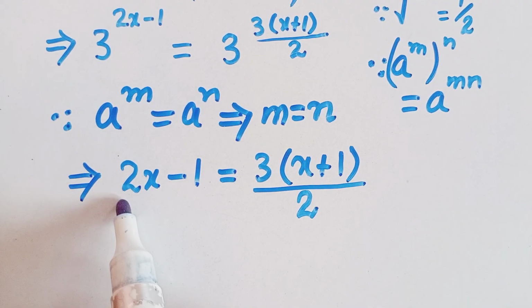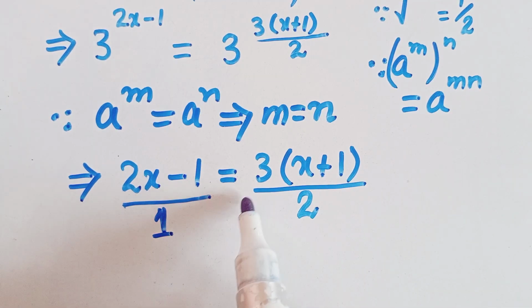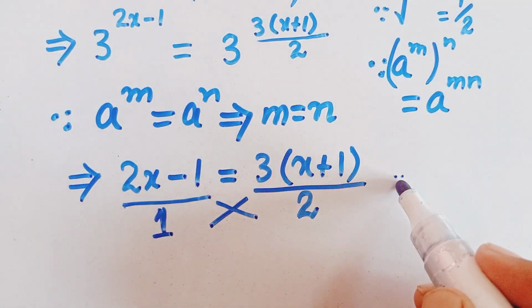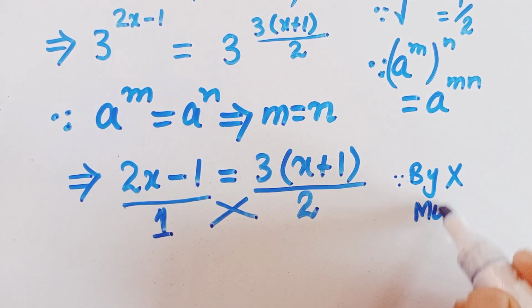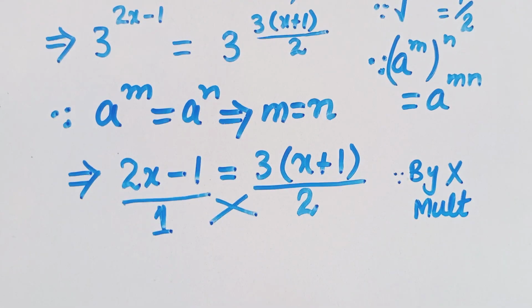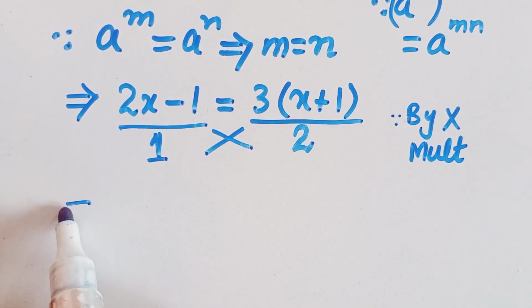So for doing that, on the left hand side we can write 1 in the denominator. Now simplifying this relationship, we will cross multiply. That is, by cross multiplication we will simplify these terms and we will get our required value for x.